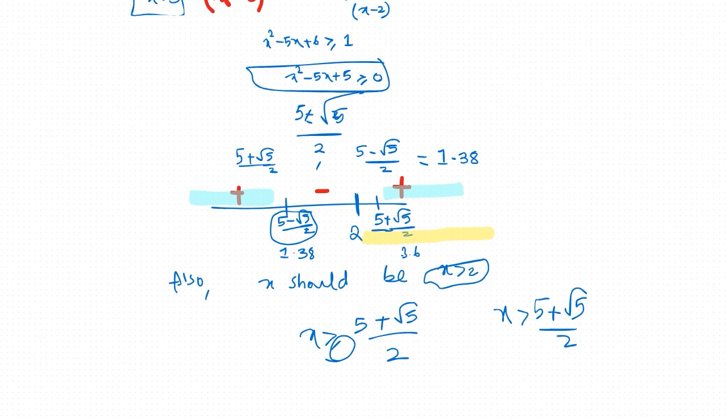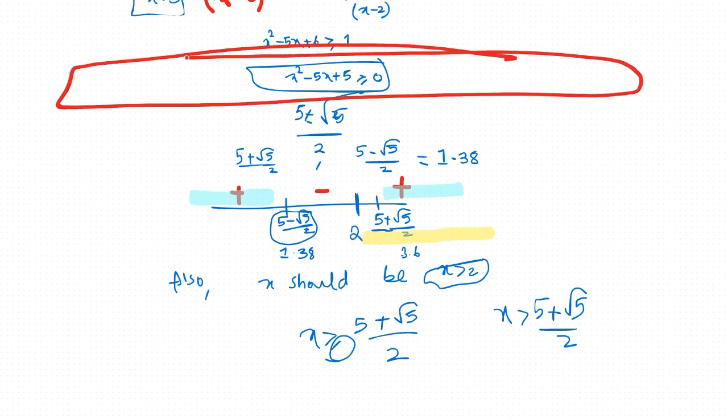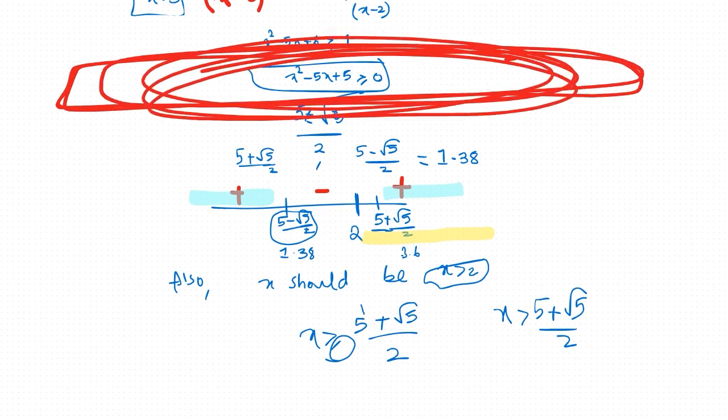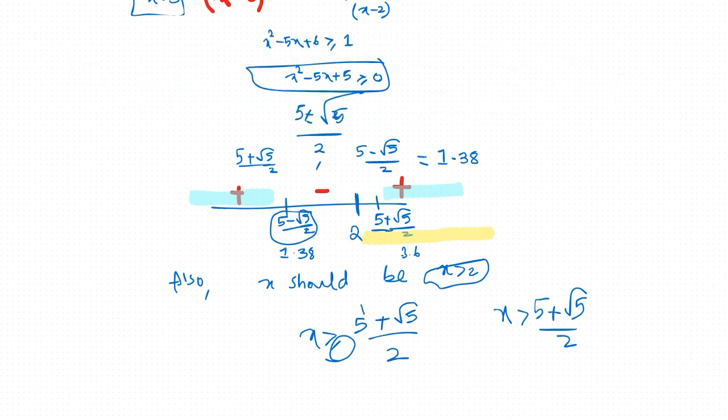We don't care about that actually. If you look carefully, from here we have obtained that 0 should be included. So this is the right answer, and this is not.